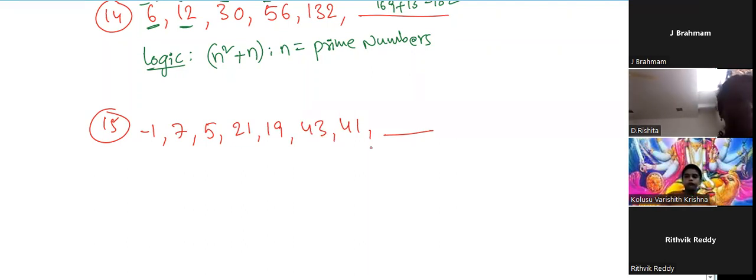Yes. 1 minute, sir. We need to use squares in it. These are not perfect squares, so we have to check the nearby numbers. Sir, is this the logic? Then minus 1 plus 2, it will be 2, and 2 plus 3, it will be 5. Again, 5 plus 2, it's 7, like that.